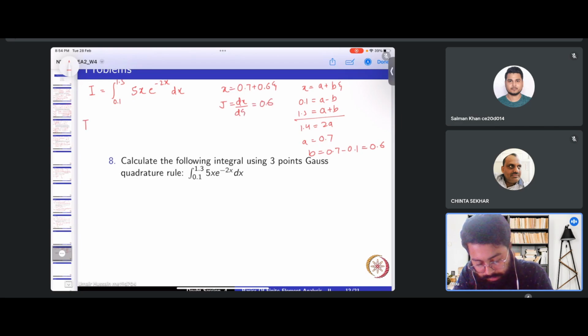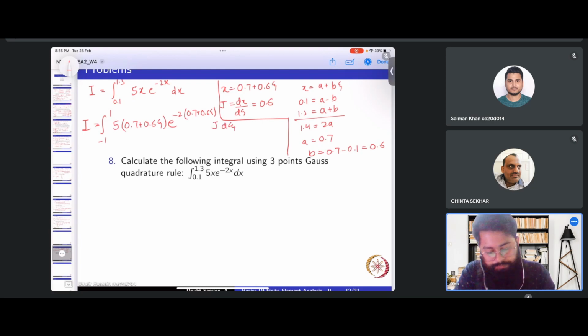So we transform this integration limit to minus 1 to plus 1, and we have 5 into (0.7 plus 0.6 zeta) times e to the power minus 2 (0.7 plus 0.6 zeta), and this is multiplied by the Jacobian times d zeta.